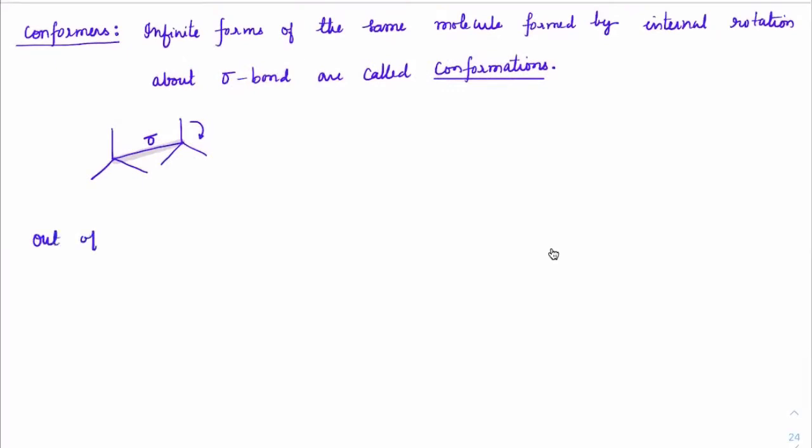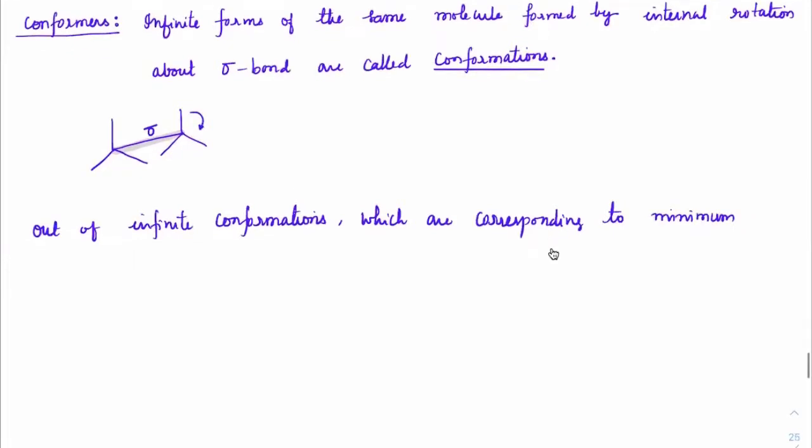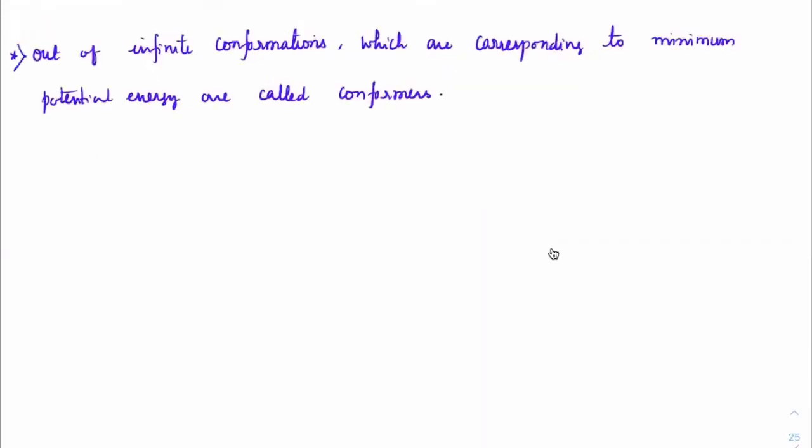So out of infinite conformations, which are corresponding to minimum potential energy, are called conformers. They are called conformers. Important point here, what is a conformer? You must understand.